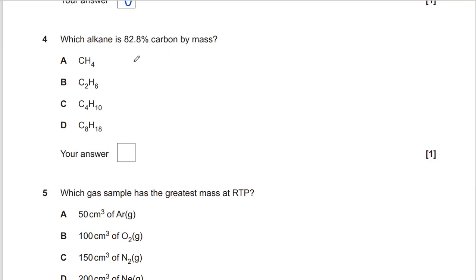Carbon and 4 hydrogens, so the Mr equals 16, and there's 1 carbon, so 12. Therefore 12 over 16, times by 100 of course, is your percentage by mass of carbon, and you get 75%, so that is wrong.